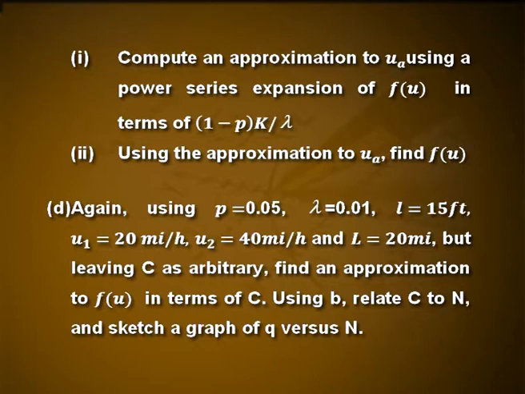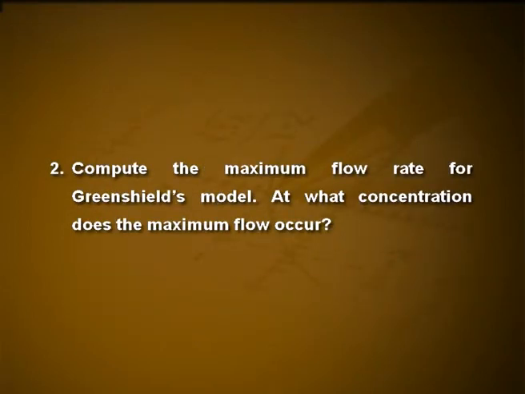Using B, relate c to n and sketch a graph of q versus n. Second problem, compute the maximum flow rate for Greenshields model. At what concentration does the maximum flow occur?